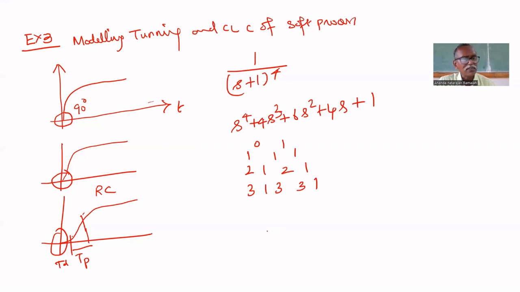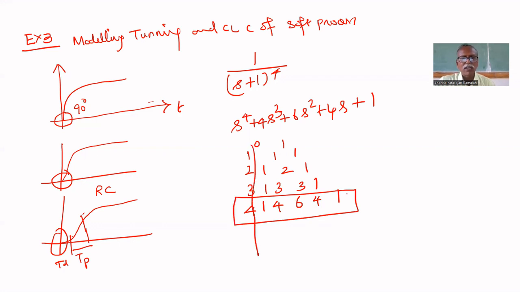Fourth order means 1, 4, 6, 4, 1. You have to use this triangle to find the coefficients of the terms. So the coefficients are 1, 4, 6, 4, 1. This is the fourth order transfer function, 1 upon this.